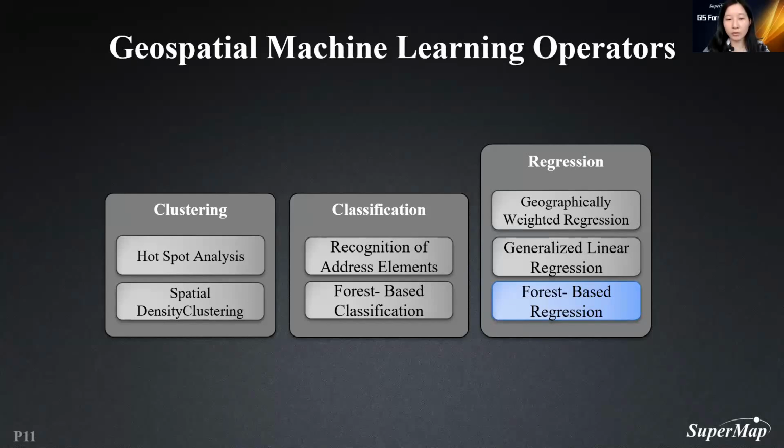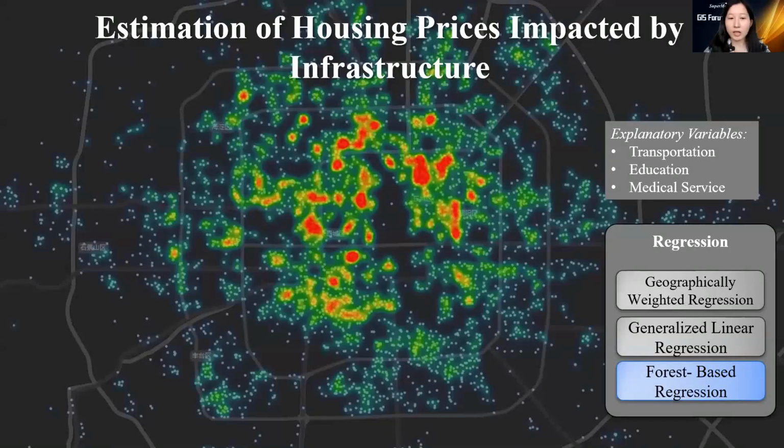Now, let's take forest-based regression analysis as an example. The typical application of the regression model is to model and predict housing prices in different regions. Here, we use some housing transaction data for modeling, including transportation, education, and medical infrastructure.